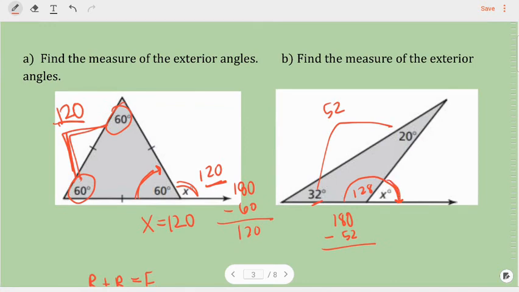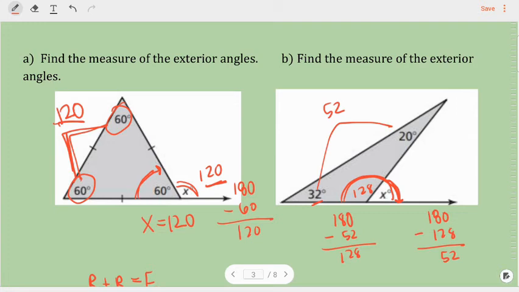Now, in order to get angle X, if this is a straight line, I'm going to take 180 and subtract 128. And that's going to give me 52. Notice that I'm just undoing my subtraction. 180 minus 52 is 128, and 180 minus 128 is 52.